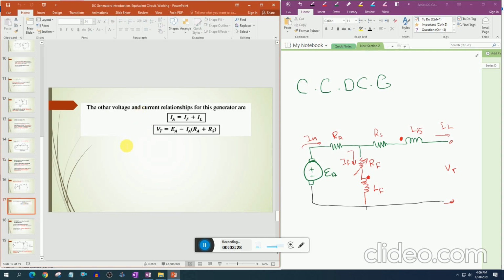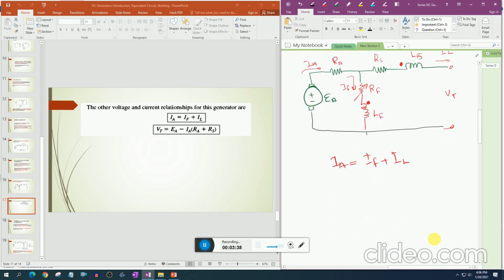And from here you can see that IA is equal to IF plus IL and VT is equal to EA minus IA RA minus IL RS.